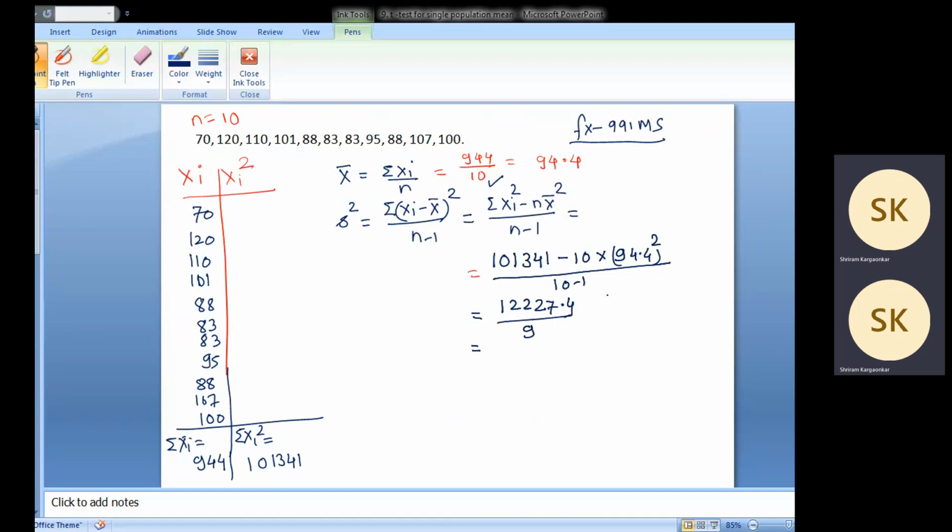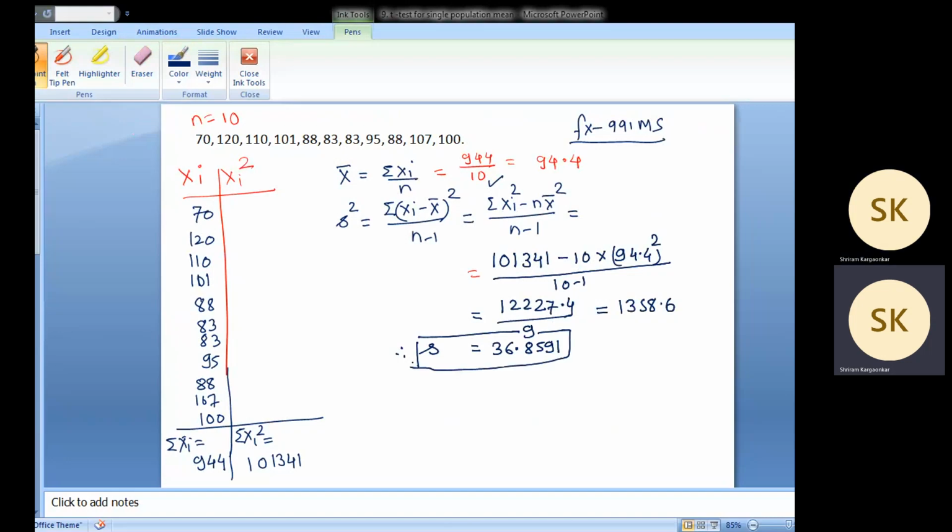So you get the sample mean square as 1358.6. If you take the square root, then you will get the root sample mean square, right? So it is 36.8591. Okay, so always write up to 4 digits.